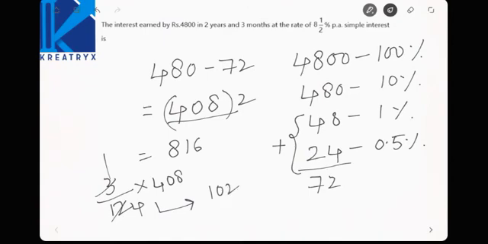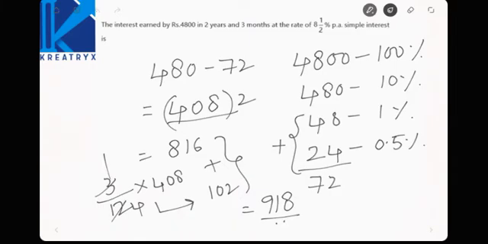Now the interest for 2 years 3 months will be 816 plus 102, that is equal to 918. See here, calculations are easy. We have done this technique in percentages.